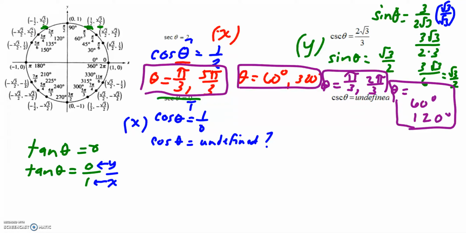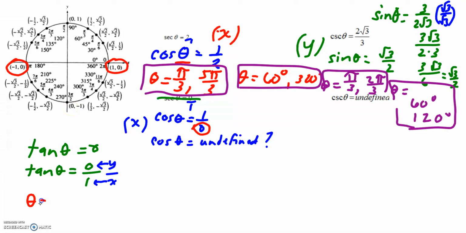So if we scan the unit circle and think about the angles, or the theta, where y is 0 but x is 1, well, y is 0 and x is 1 here, not here, close, but not here, not here. So it seems like this one only has one answer.